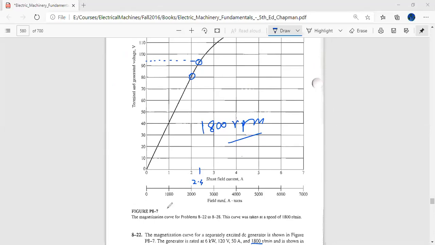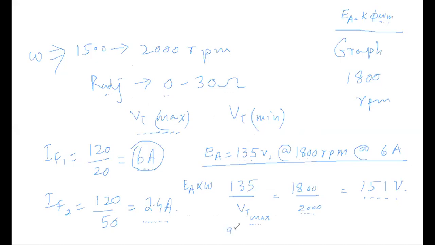And for my second one, my EA value for 1800 is equal to this. And I want to find the value for VT minimum. So VT minimum will be when the RPM is least, that is 1500. So again, I use this proportionality because I have already made two things constant, that at this particular value of rheostat, my field is constant in the numerator and the denominator.